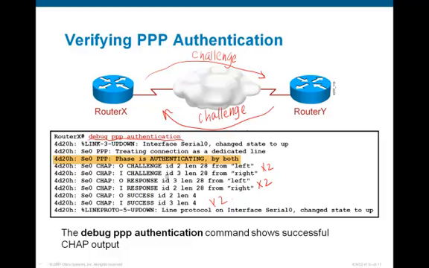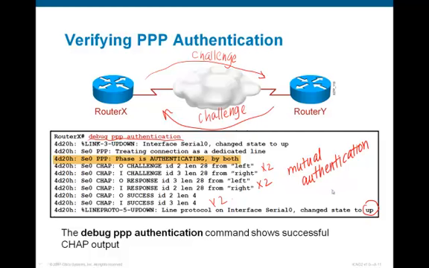That's why you have double challenge, double response, and if you're lucky, we have double success. We call this mutual authentication because both sides authenticate each other. Okay, and if everything goes well, eventually the link will come up.